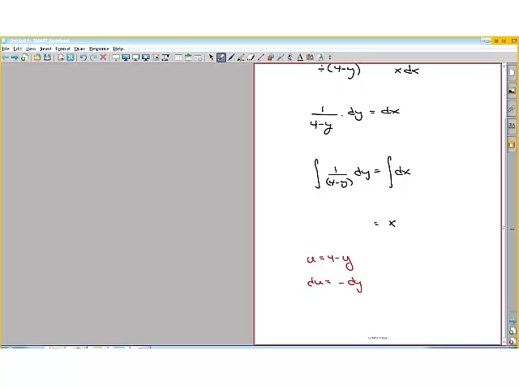So you get negative 1 times dy, or negative dy. Before we rewrite the left-hand side, dy is equal to negative du. I'm just multiplying both sides by negative 1, so that I can substitute directly here. So what I get is negative du divided by u is equal to x.